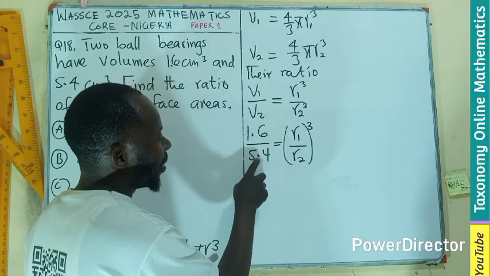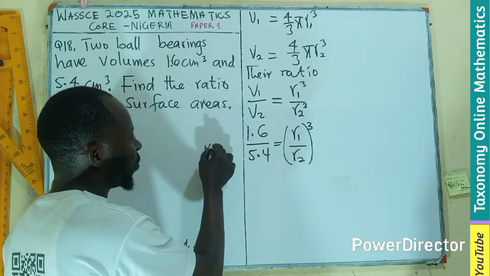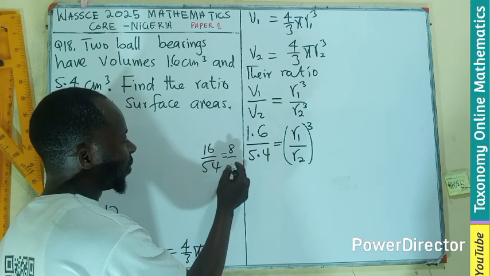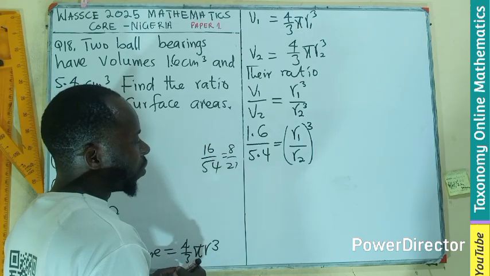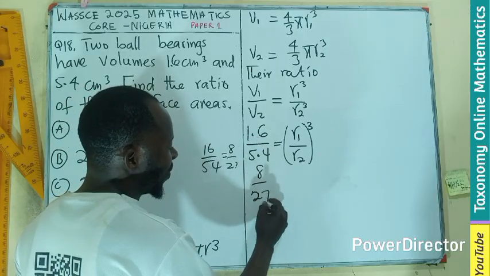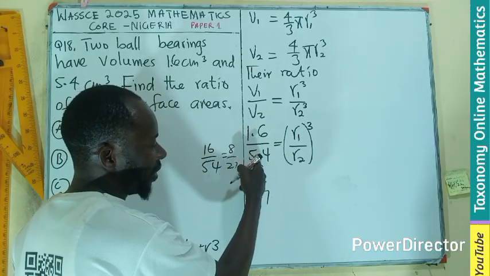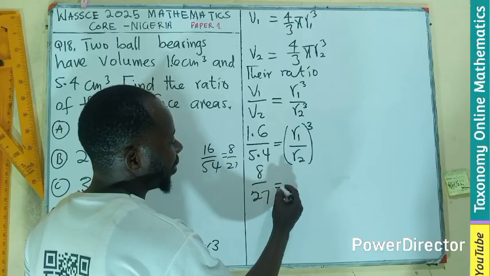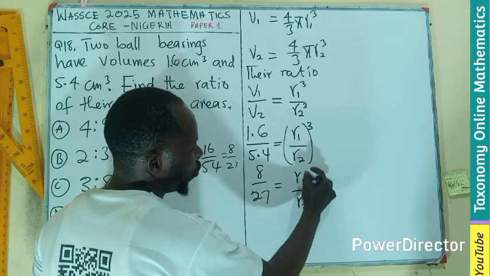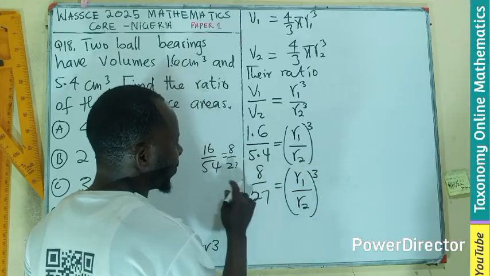That will be 16 on 54, common factor 2, giving 8 on 27, representing 1.6 and 5.4. So radius 1 over radius 2, still to the power 3.